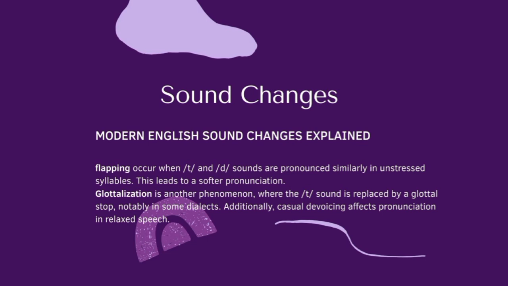By studying this process, linguists can track how languages evolve, explain why words are the way they are, and even predict possible changes in the future. That's why understanding sound changes is a key part of phonology.